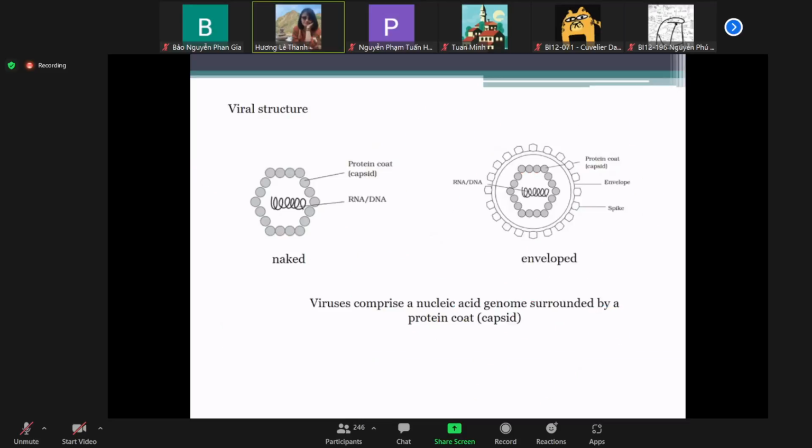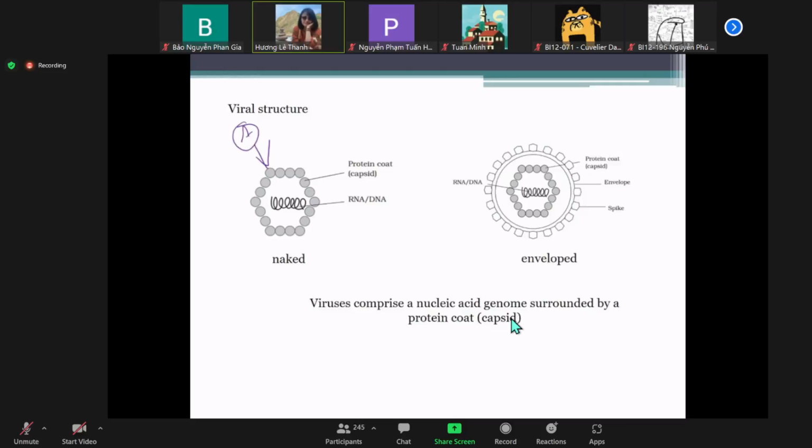So why is it small? Because they have very simple structures. It's just proteins coating the outside of genetic material, RNA or DNA. The protein coat, or capsid, of the virus is the first main part.